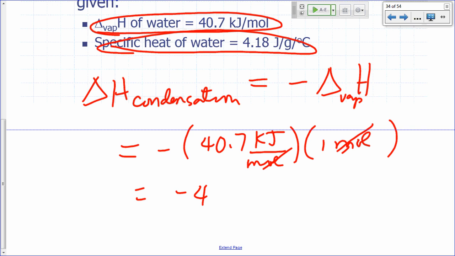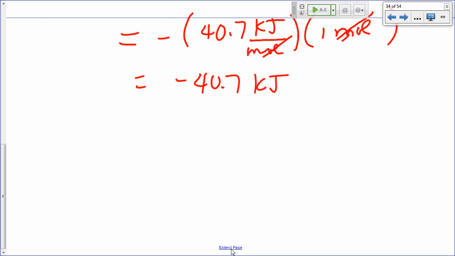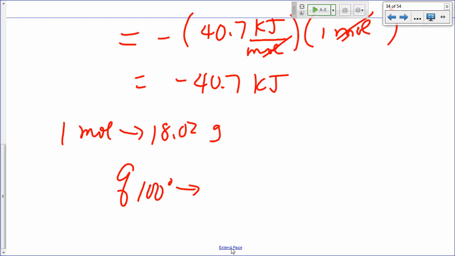So negative 40.7 kilojoules. A mole of water is how many grams of water? One mole of water is 18.02 grams. So what is Q to go from 100 degrees Celsius to 37 degrees Celsius?